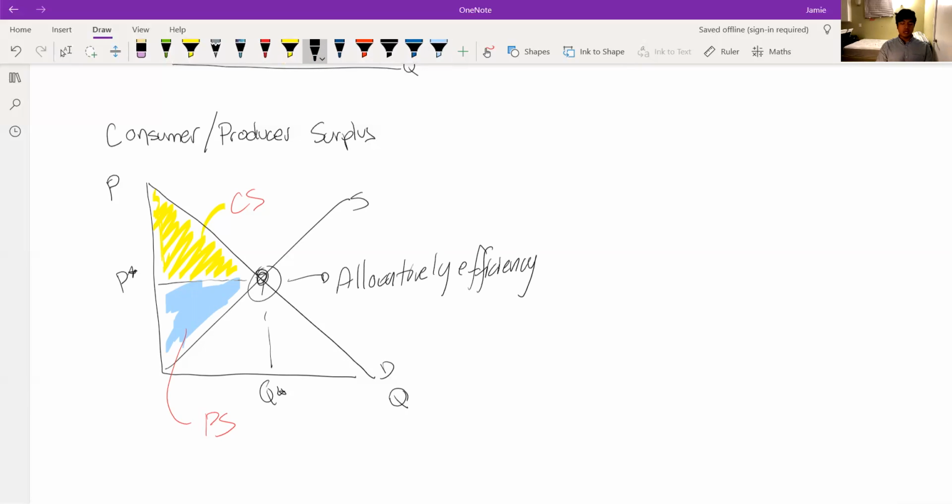Essentially, at this point of the intersection, it is allocative efficiency because consumers value the product at the cost of production of the last unit. And so when this exchange occurs, it's said to be allocatively efficient, which we will talk more about in units 3 or 4, I think.